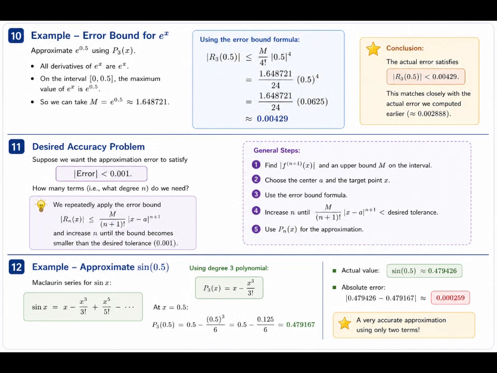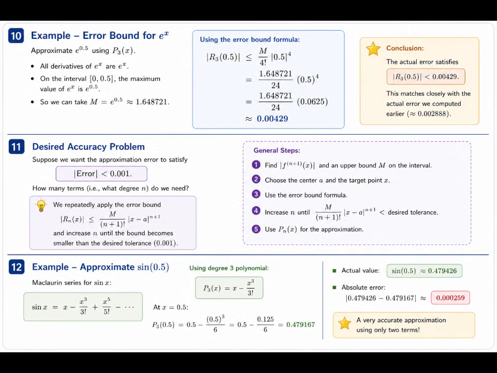Near the center of expansion, the Taylor polynomial and the original function are often almost indistinguishable. As the degree increases, the approximation becomes more accurate and remains reliable over a larger interval. Because of this property, Taylor approximations are used extensively in science, engineering, physics, machine learning, numerical analysis, and computer software.